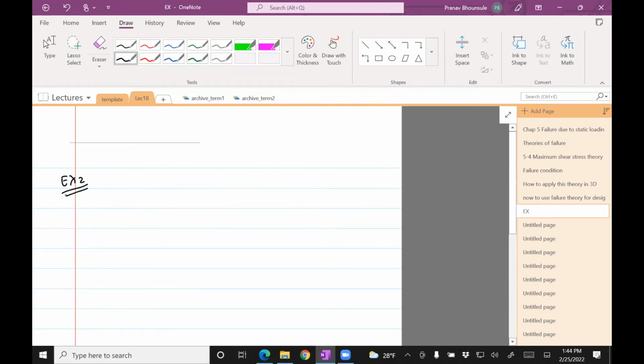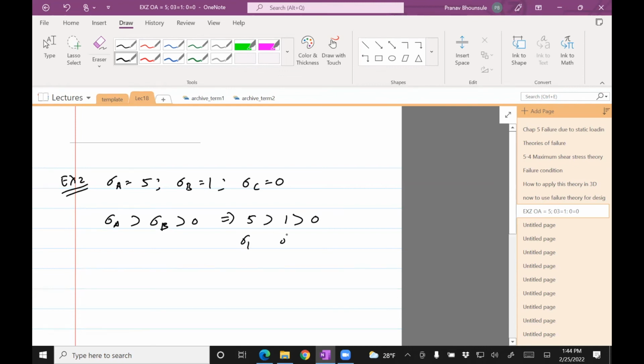Example 2. Let's assume that you have a plane stress element, and you computed the principal stresses and get sigma A equals 5, sigma B equals 1. In this case, you'll assume sigma C is 0 because it's a 2D case. Now we need to arrange in descending order. So sigma A is greater than sigma B is greater than 0, or 5 is greater than 1 is greater than 0.